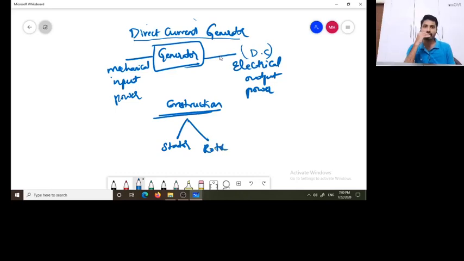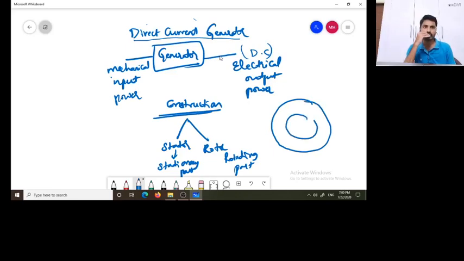You know that a stator is a stationary part, and a rotor is a rotating part. By using these two parts in a rotating machine, we can generate electricity.